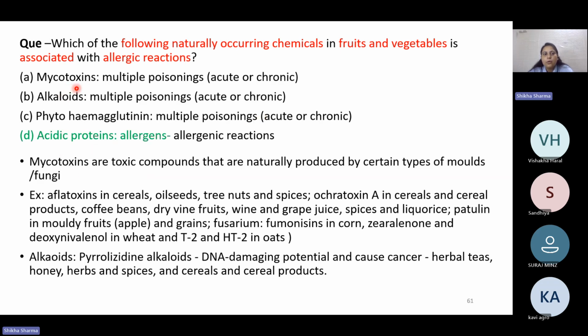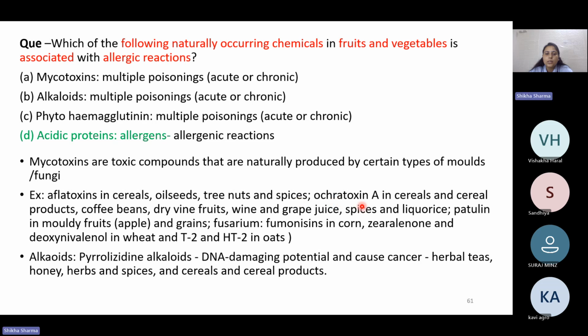Mycotoxins are toxic compounds generated by certain molds or fungi. They cause acute or chronic poisonings because they are toxins, but they are not allergens. They will not trigger any allergic reactions. One example is aflatoxin, which is found in cereals, oil seeds, tree nuts, and spices.